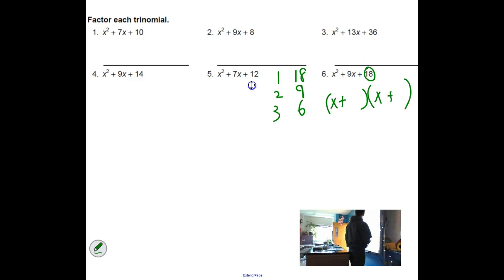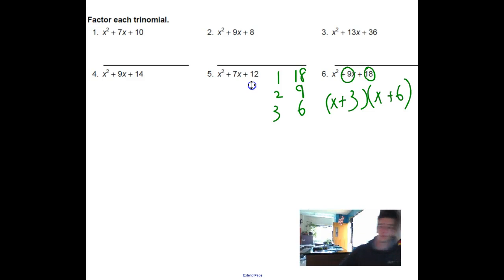Next step, we're going to look at these terms and see which ones add together to equal 9. Looking at this, 3 and 6 add together to equal 9. So I know that in the parentheses is going to be x plus 3 and x plus 6.